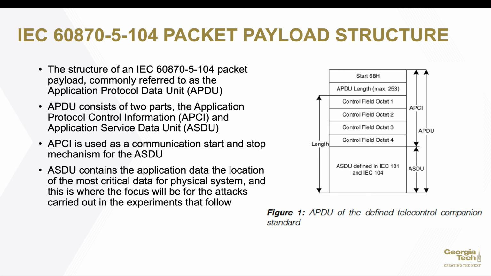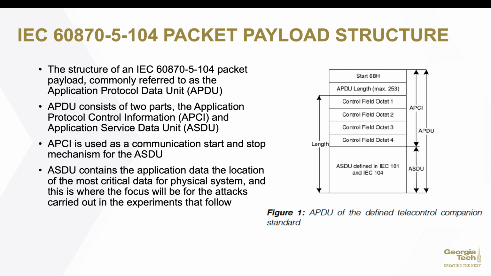The APDU consists of two parts: the Application Protocol Control Information, APCI, and the Application Service Data Unit, ASDU. The APCI is used as a communication start and stop mechanism for the ASDU.